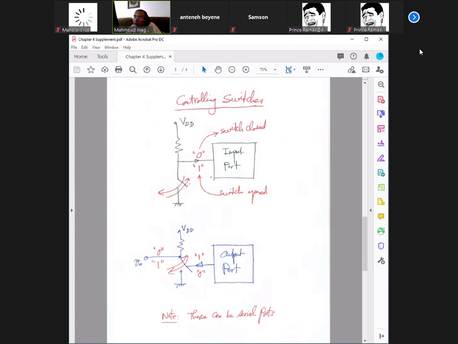If the switch is open, this point is going to be connected to the power supply, and the voltage here is going to be logic 1. So if we read that point, this is connected to the port. If you read 0 here by the input port, that means the switch is closed. If you read 1, that means the switch is open.